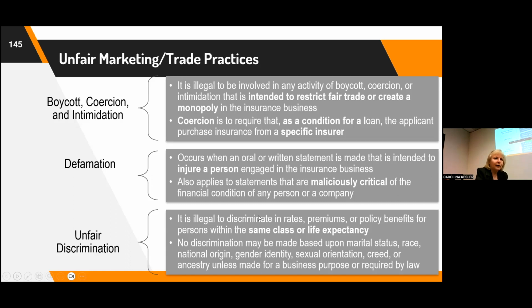Like men die before women, so women can pay lower rates than men, because we live longer. You can't discriminate on marital status or race. What's that got to do with anything? Nothing. But that's how that is.